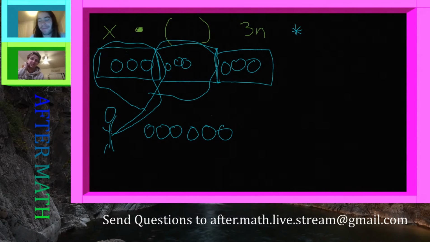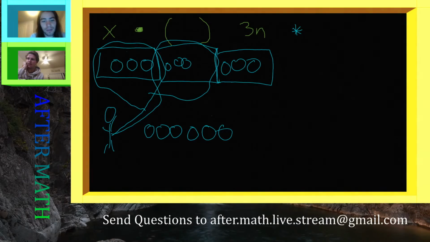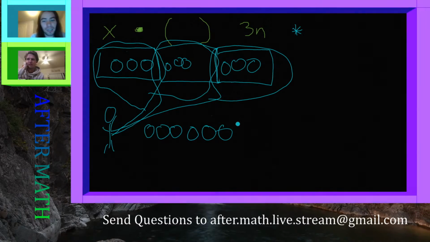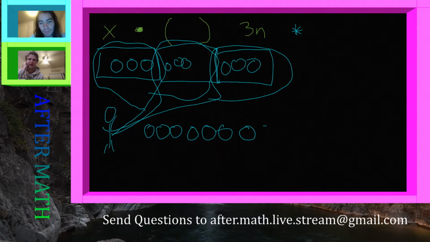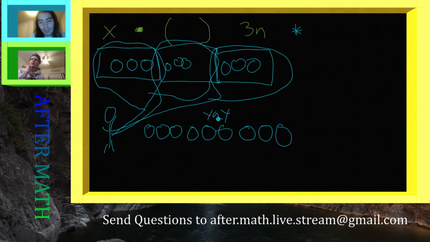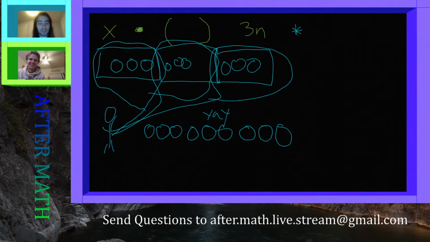You have 6 because 3 plus 3 equals 6. So then I go get this third box, and how many circles am I going to have? You will have 9.